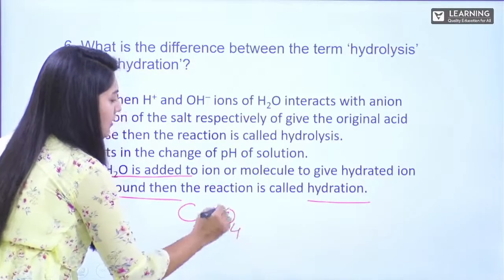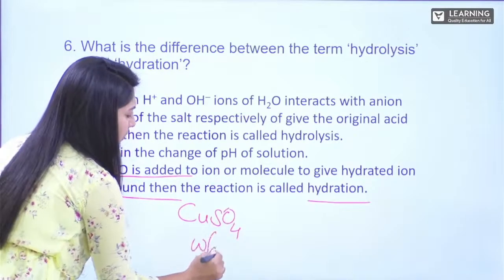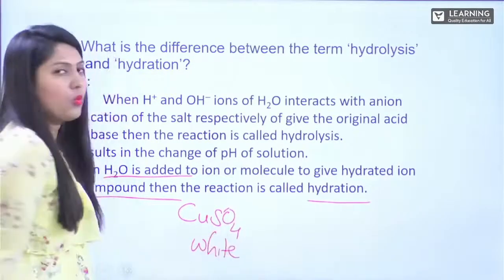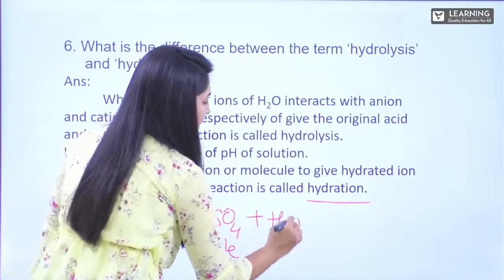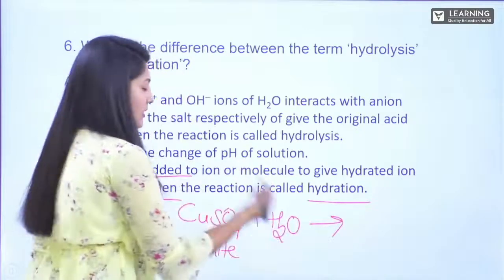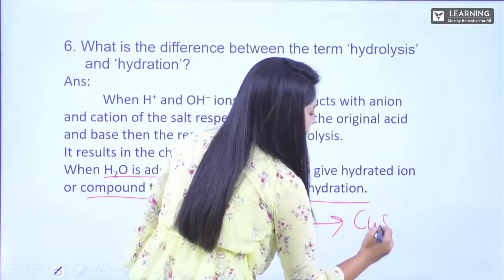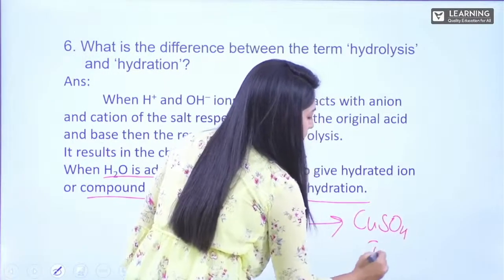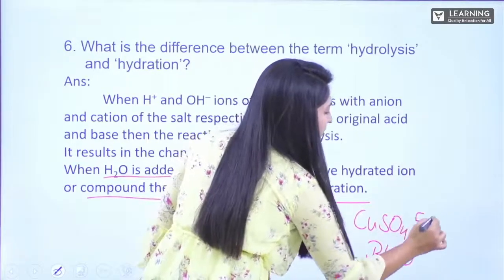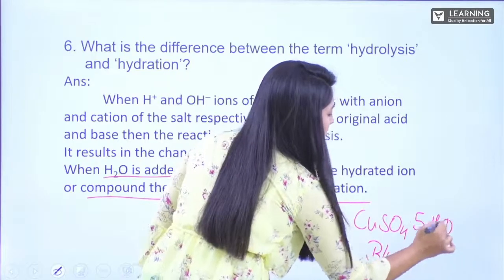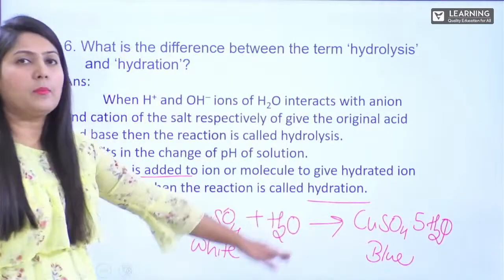This is white in color. I add the water molecule to that such that this converts into CuSO4 blue color. That means here we have 5 water molecules which have been crystallized with the copper sulfate.